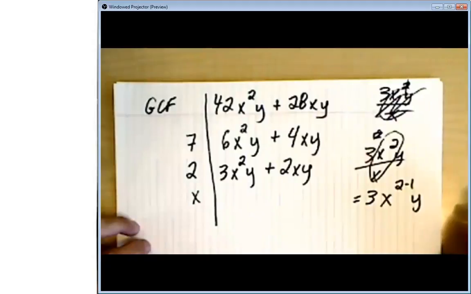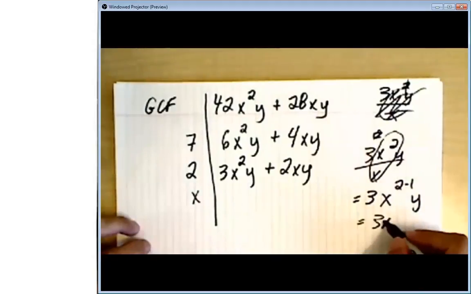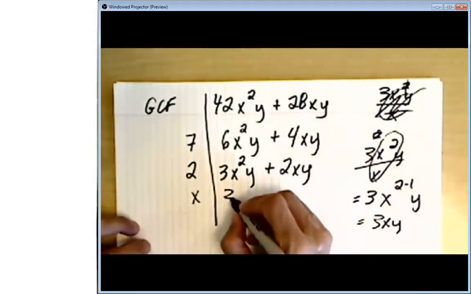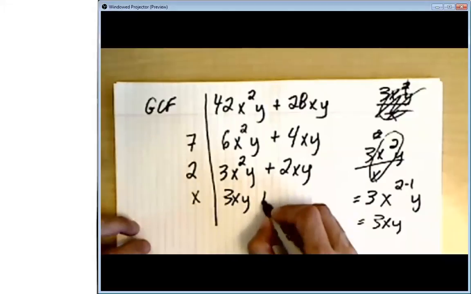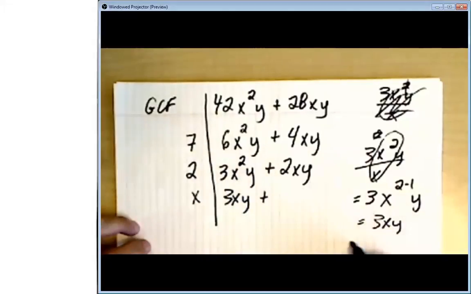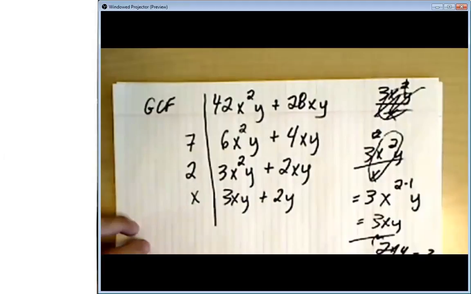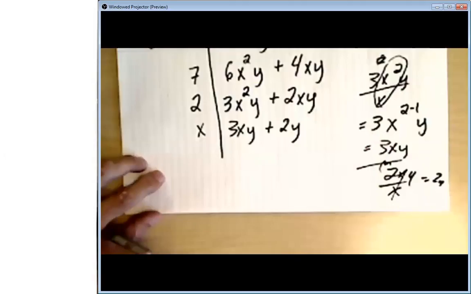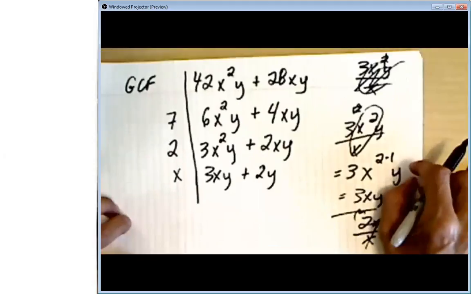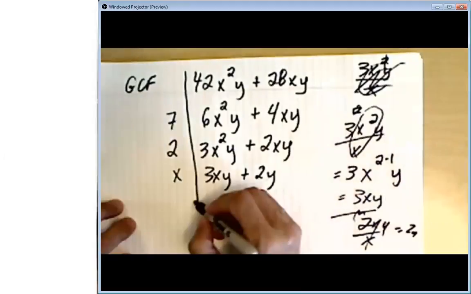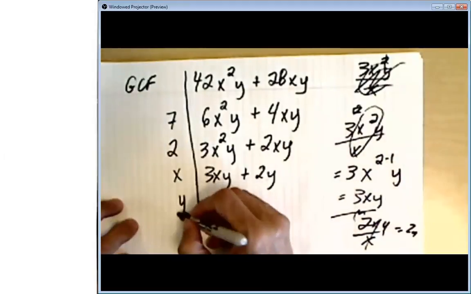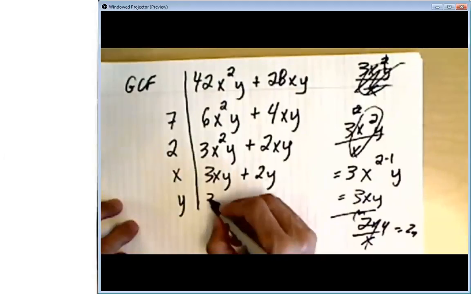After all that work, what do we get? 3xy. How about the next one? 2y. Okay, 2xy over x. Boom, gone. 2y only. Yeah, we can still go. We got y for this one. What do you see? 3x divided by y.